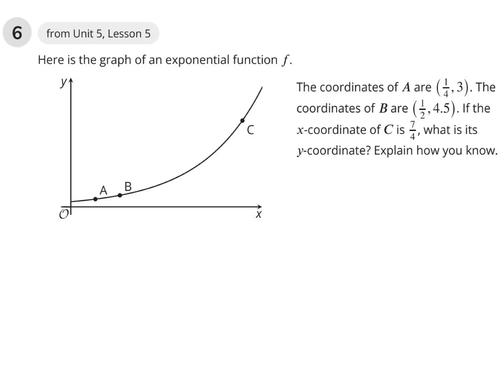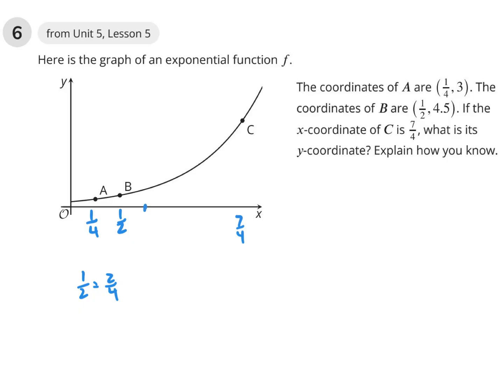Okay, so let's look at this last question. Our coordinates for A are 1/4, so we're going to mark this down. 1/4, B is 1/2, and C is 7/4. I know that 1/2 is equal to 2/4 when I multiply top and bottom by 2.